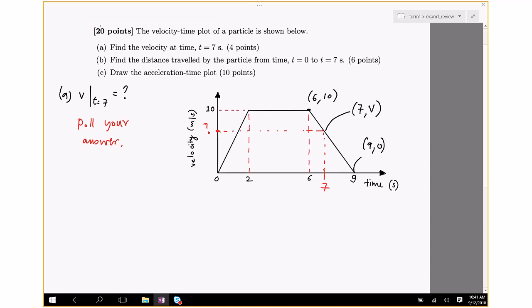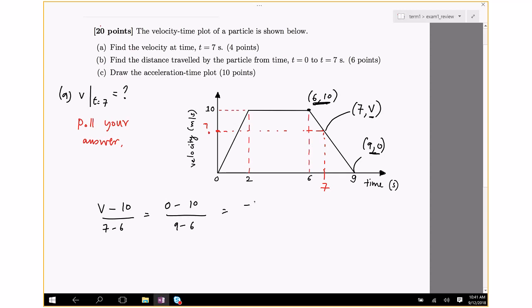So now if we have 3 points, then we have to find the slope. So what I'll do is I'll take the y coordinate of any 2 points. So let me take the y coordinate of 7 comma v. So v minus 10, y coordinates subtracted, and then 7 minus 6 equals, I'll take this point and this point next, so 0 minus 10 divided by 9 minus 6.